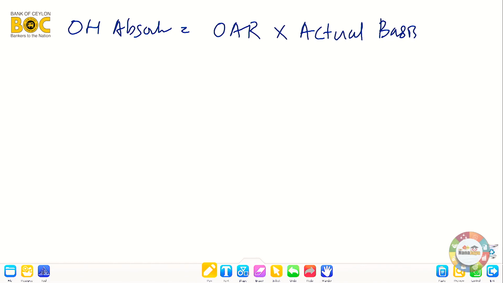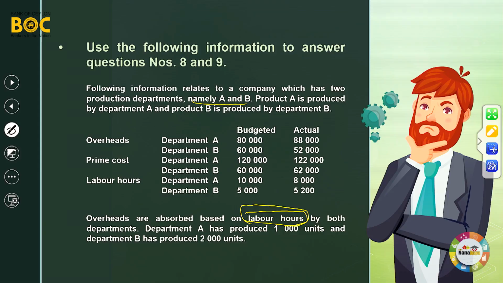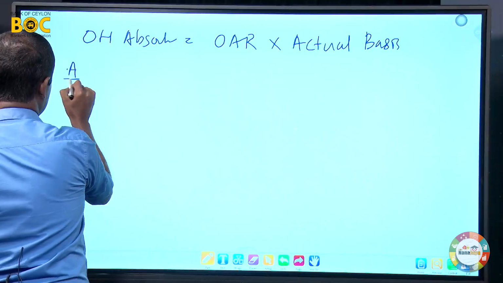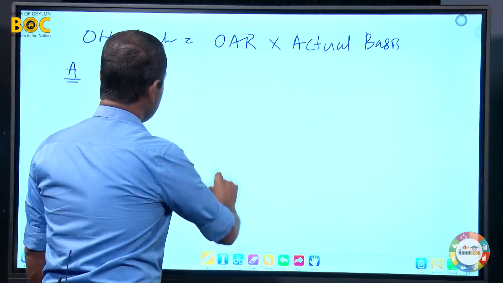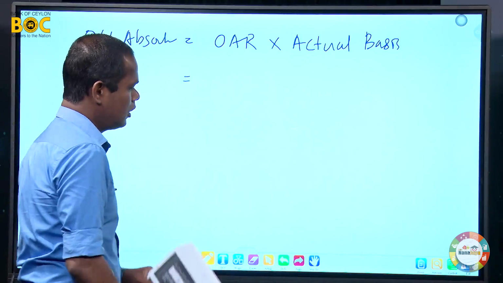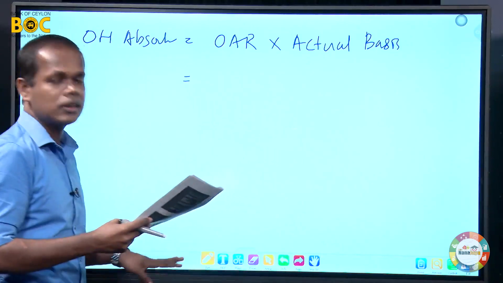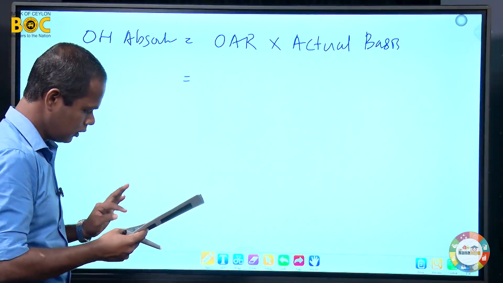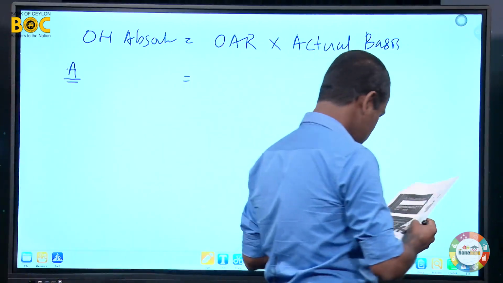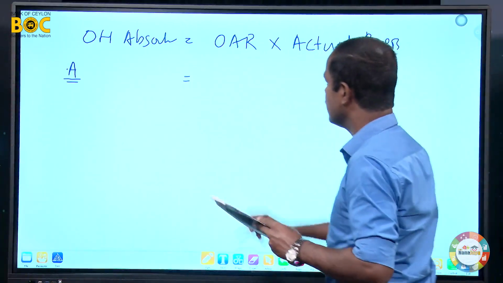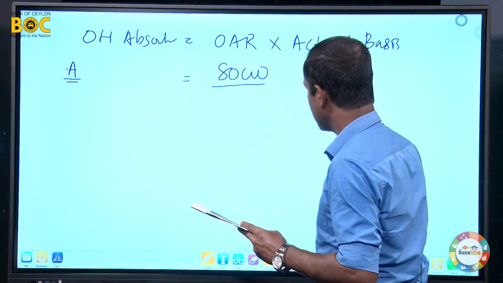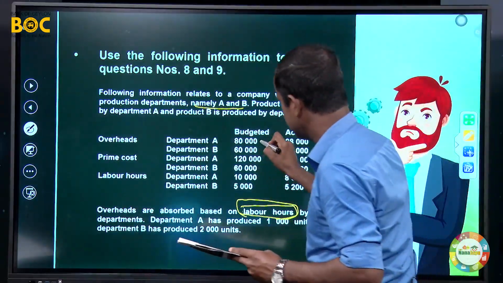So we have two departments, department A and department B. We will calculate for department A. To calculate the overhead absorption rate, we use budgeted details. The budgeted overhead for Department A is 80,000 rupees.